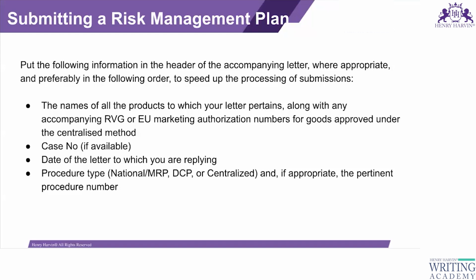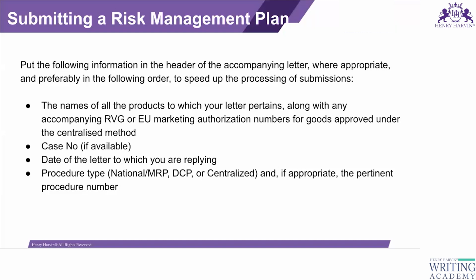Along with that, the registration number like RVG is provided, or the European Union marketing authorization number if the medicinals were approved by a centralized method. The list is provided along with those numbers.